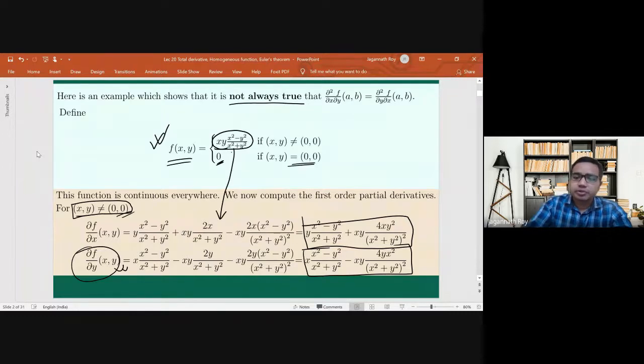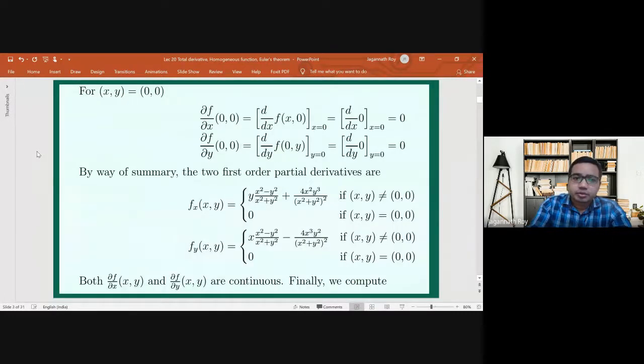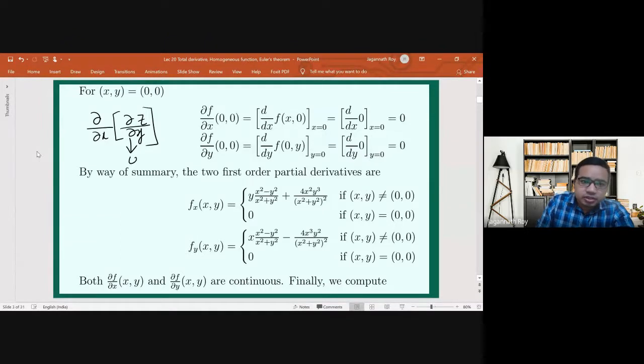Next, what we have to show: if we want to find the derivative of del z del y, then we must show this inside function is continuous, right?